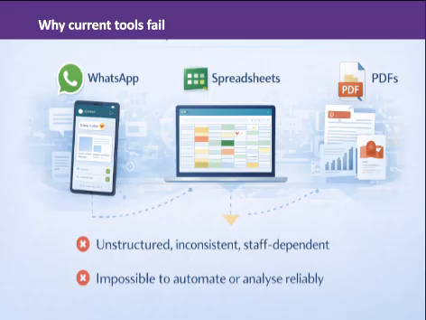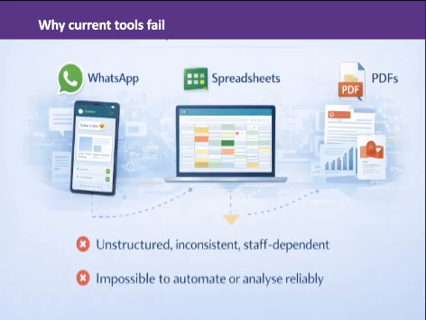They use most of these tools, mostly WhatsApp. I believe these tools are useful, but they rely heavily on individual habits and memory. That makes them inconsistent, difficult to audit, and impossible to automate reliably. And over time, I believe this will create operational risks for them.